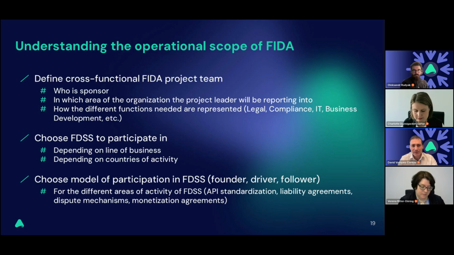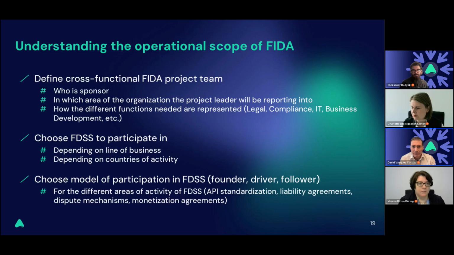Maybe the first thing that has to be highlighted is that this is a cross-functional effort across an organization. We need a project team, and this project team has to include people from the legal department. We need to include people from compliance. We need to include business units, and we need to include, of course, the IT department, the tech department of the company.